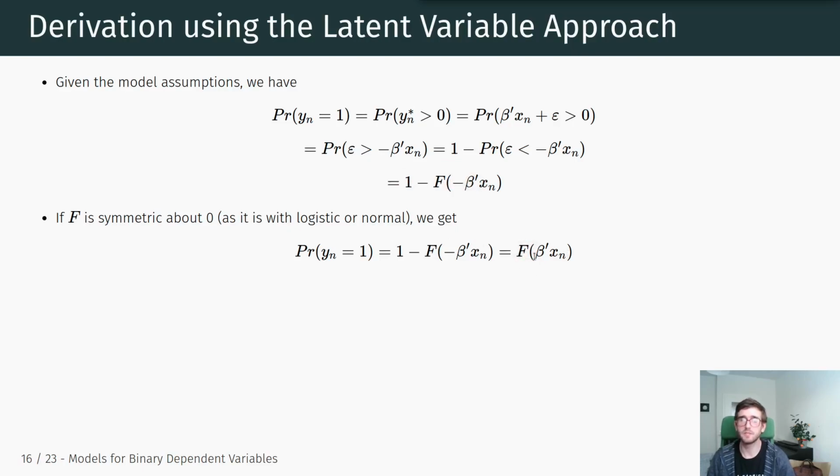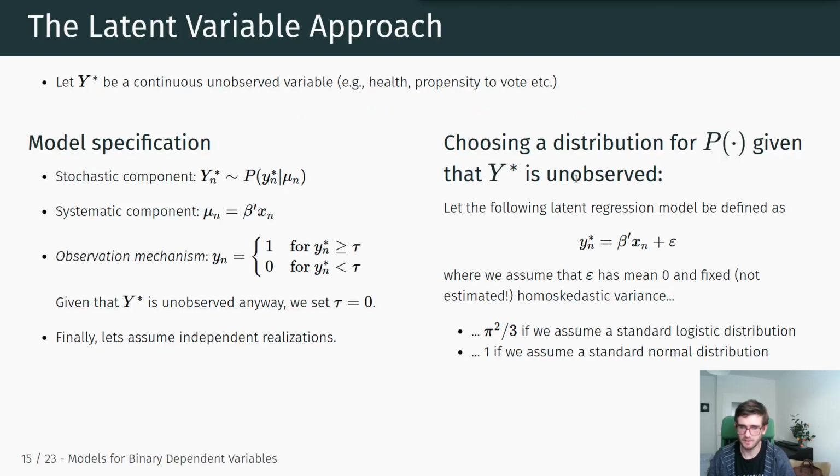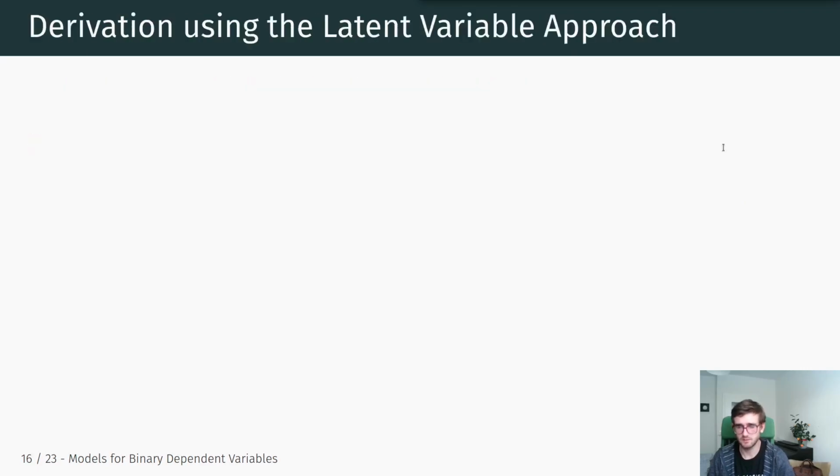Okay, so essentially we can just evaluate the cumulative distribution at the point beta prime xn of this underlying latent variable in order to compute the probability of y being equal to 1. And this holds for any type of probability distribution that we choose for this latent construct, right?